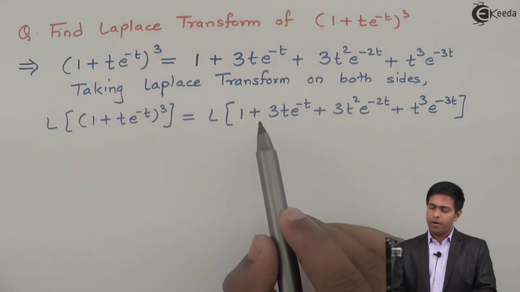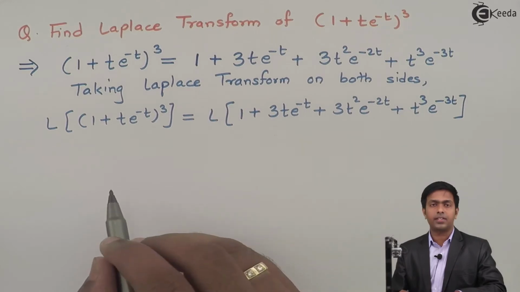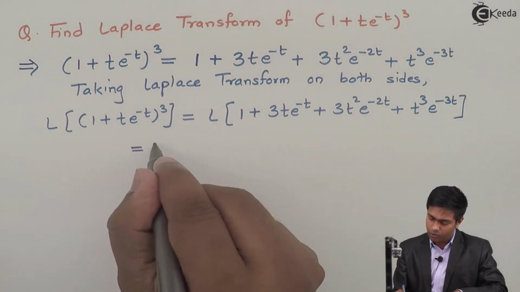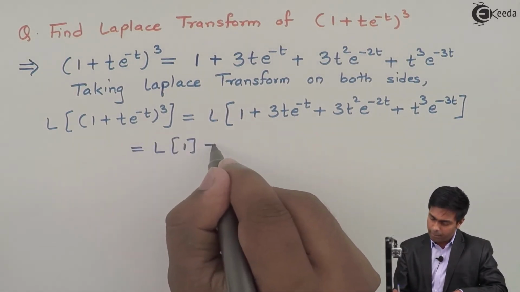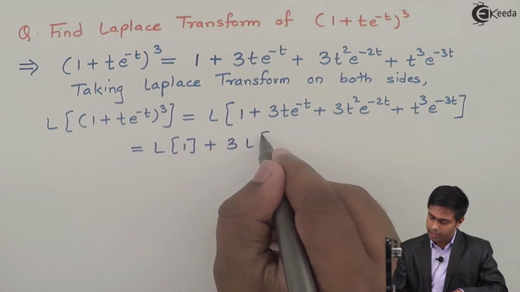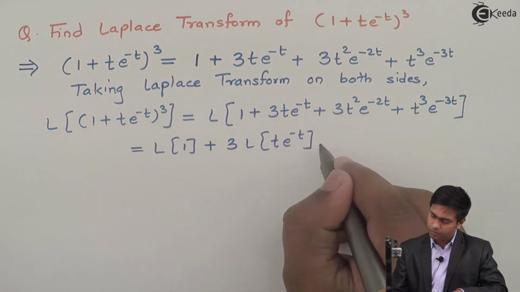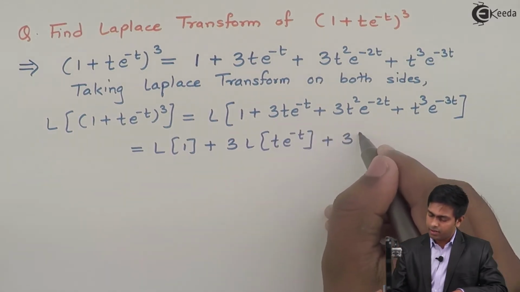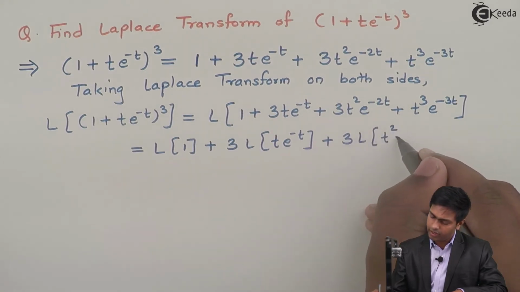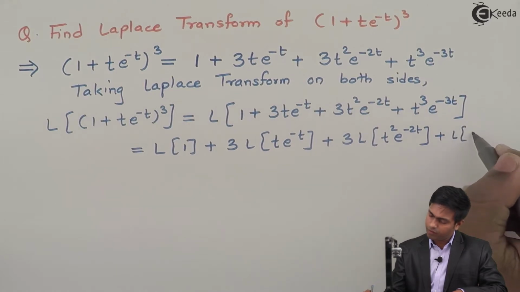Now since we have plus sign between these 4 functions, we can separate the Laplace transform. So here we'll get, is equal to Laplace of 1 plus Laplace of this, so 3 is constant, take it outside, Laplace of t e raised to minus t, plus 3 Laplace of t square e raised to minus 2t plus Laplace of t cube e raised to minus 3t.